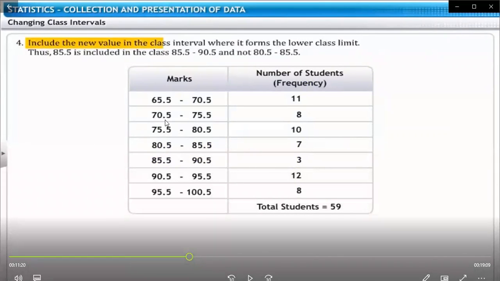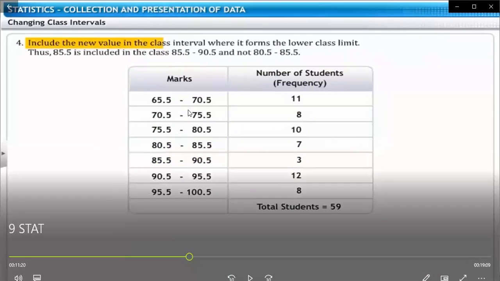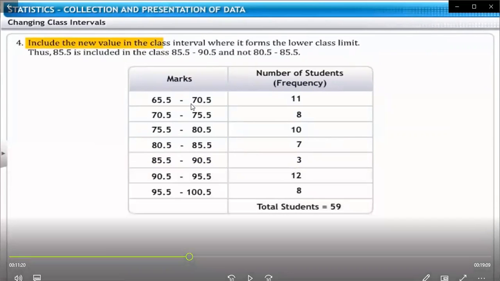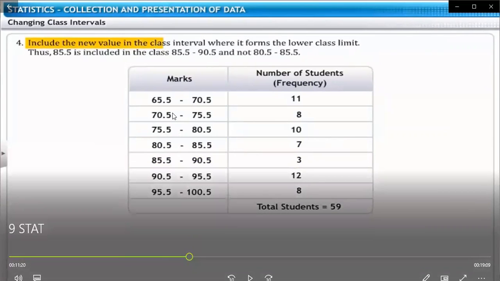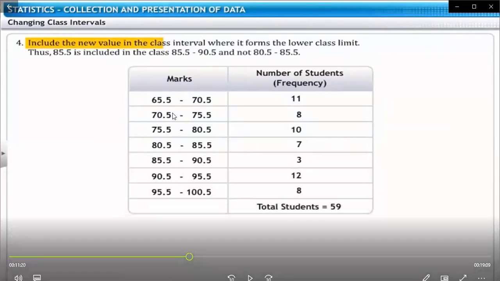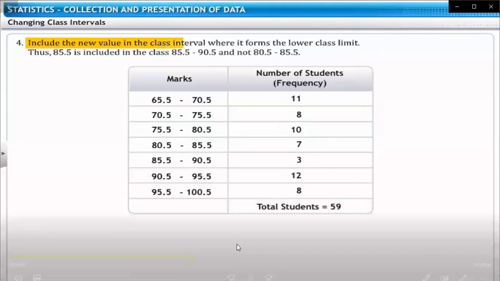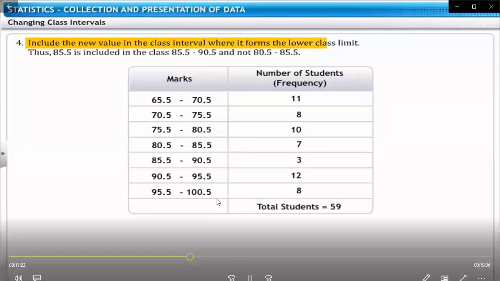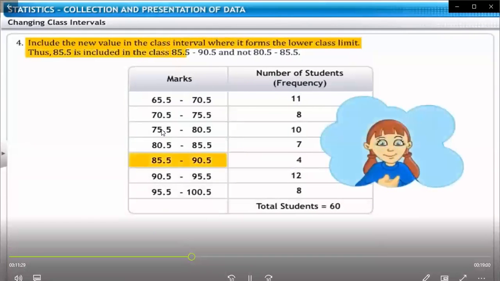And if some student is scoring 70.4, we can easily include that student in the very first class interval. If some student is scoring 70.6, we can include that student in the second class interval. But for exact cases, for example, if someone is scoring 80.5, we cannot include that student in the third class. Instead we will include him in the fourth one.